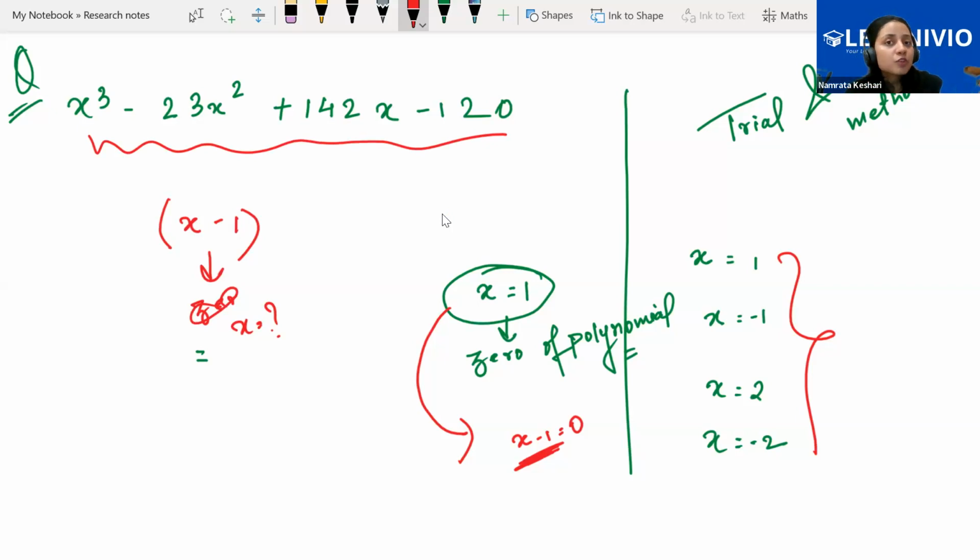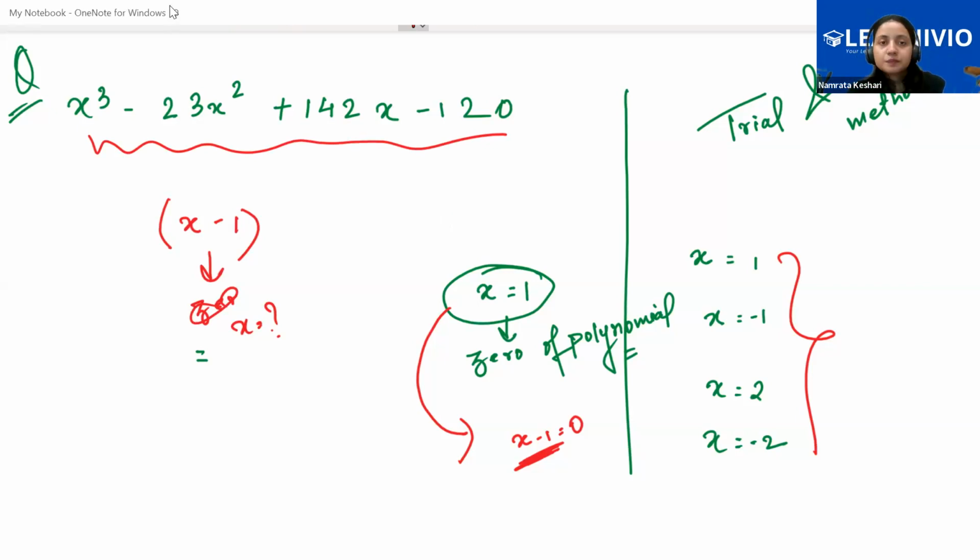If it was not coming out as 0, we were saying it's not a factor. Are you able to recall, everyone? Saad, Samia, Arhan, Heather, Furkan, Sarah. Yes, ma'am.